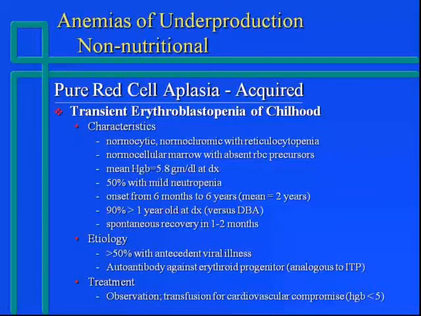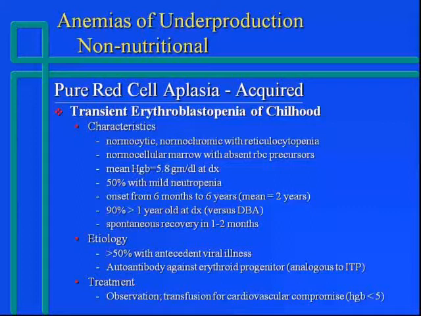There's another pure red blood cell aplasia seen in childhood that is an acquired condition, and this is referred to as transient erythroblastopenia of childhood, or TEC. This is also a normocytic, normochromic anemia with a low reticulocyte count. And similarly to Diamond-Blackfan anemia, the marrow will look normocellular, but with absent red blood cell precursors.